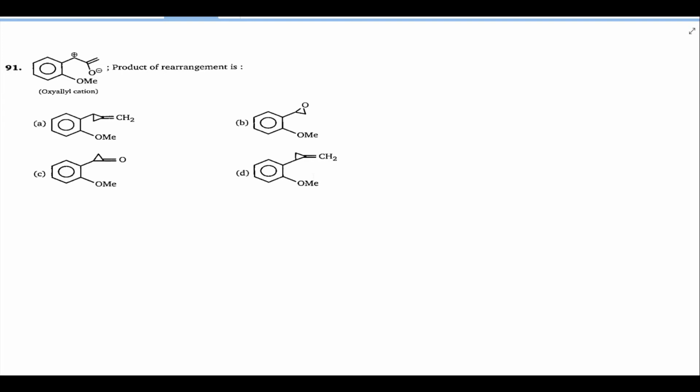So this is one compound given here. So this is on rearrangement. Okay. What will happen? So I'll write the structure. This is benzene. Okay. There is a carbocation here, down one O minus, here double bond O is there, here OME is there.